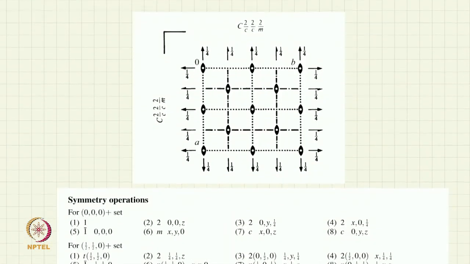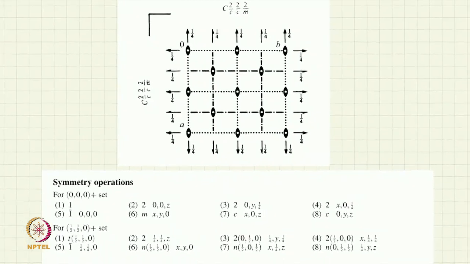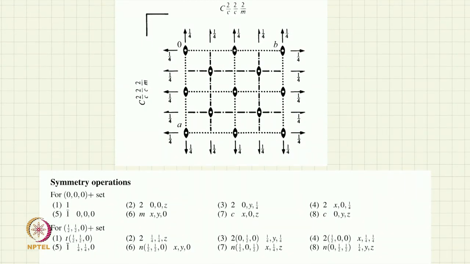To do that, let me put the symmetry element diagram and the symmetry operations list close to each other, which I have done here, and let us look at them one by one. In the first block, the 0 0 0 set, the first symmetry operation given is just 1, and as you know, 1 represents identity, and that has to be there in any symmetry group.